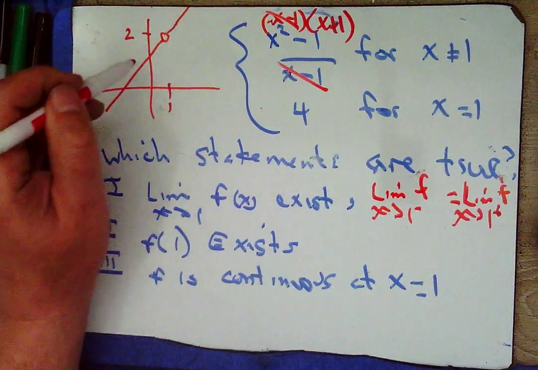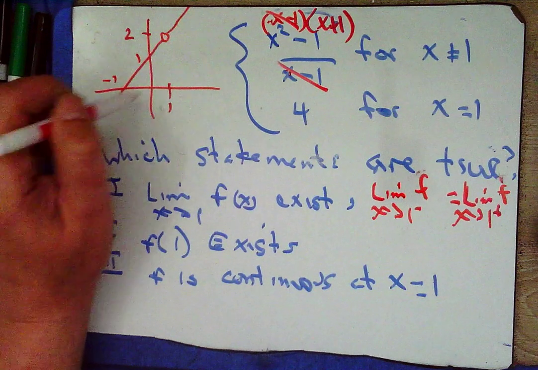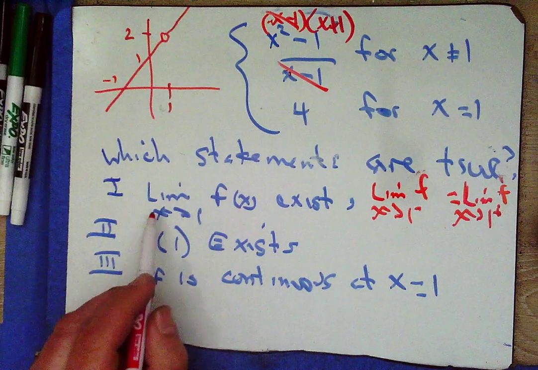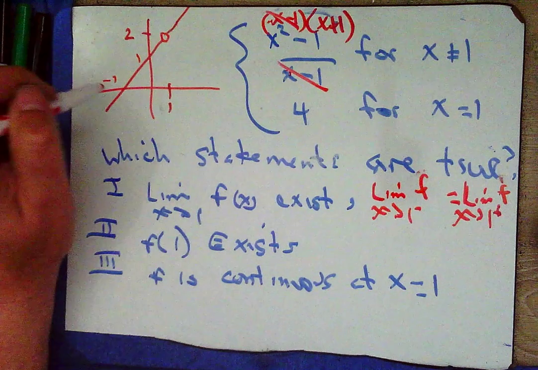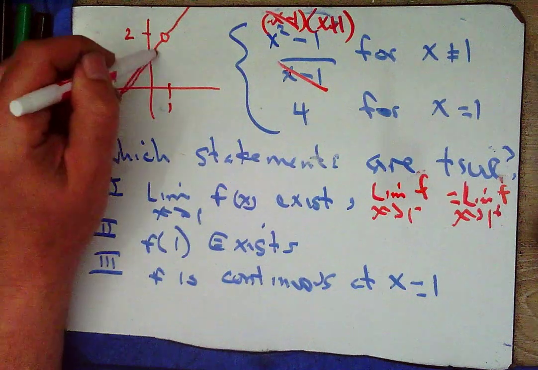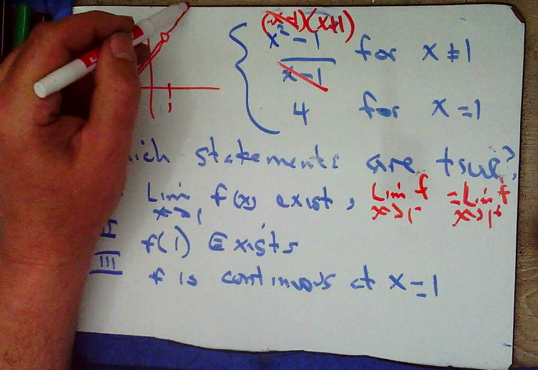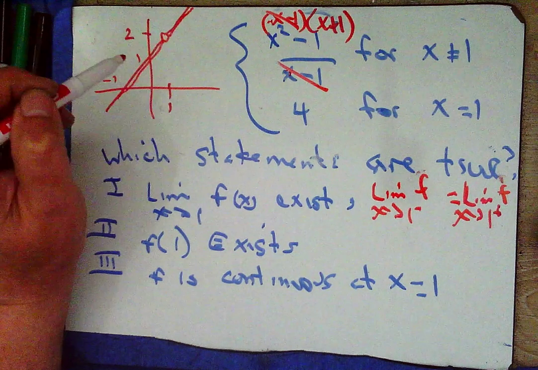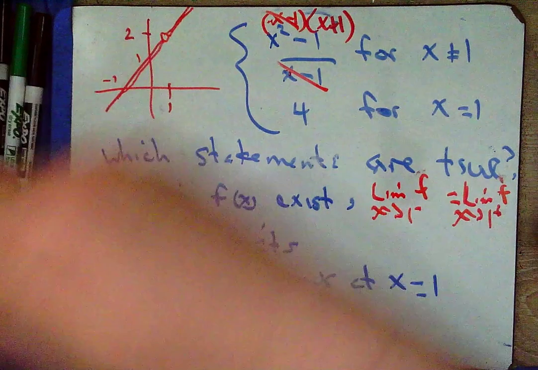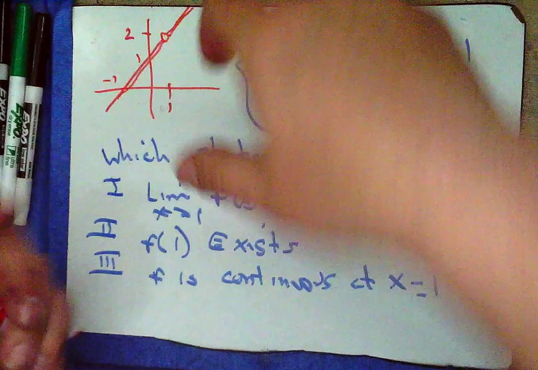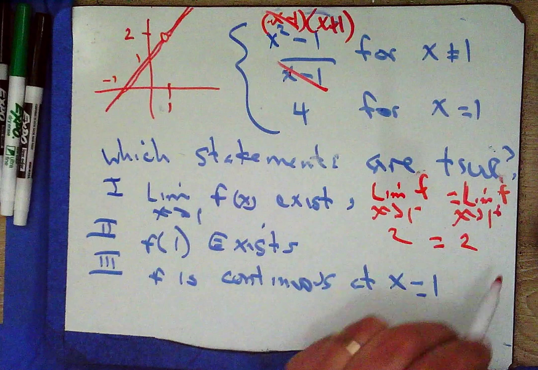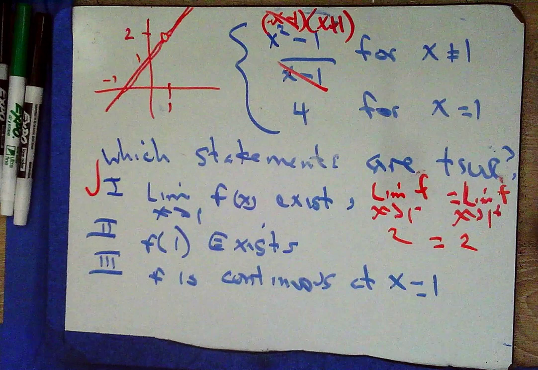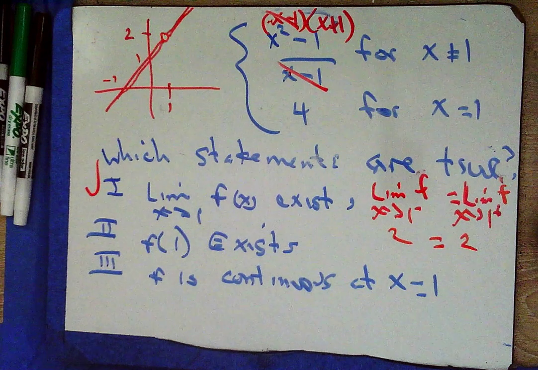I'm just considering, does the limit of f of x exist as x approaches 1? Well, the limit from the negative side is 2, and the limit from the positive side is 2. And since the function is approaching the same value from both sides, then yes, the limit as x approaches 1 does exist.